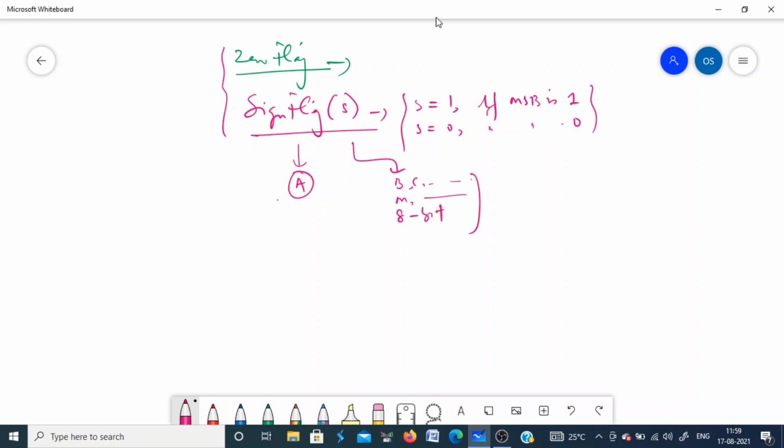The subtraction has to be done between A and some other 8-bit data. You cannot subtract the contents of A from B or from C. The first operand is always A, so it is always A minus something.